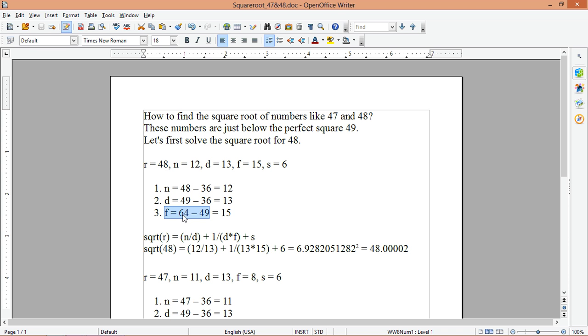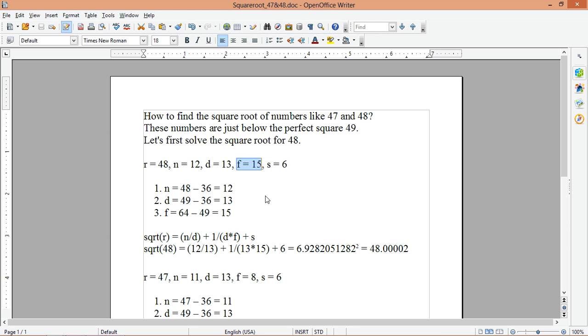Take the larger of the two, 64, and subtract the smaller of the two. The perfect square above 48 is 49, right? 7 times 7 is 49, and 8 times 8 is 64, right? Those are perfect squares. So F is equal to 64 minus 49. And we get 15. So that's how F is equal to 15.